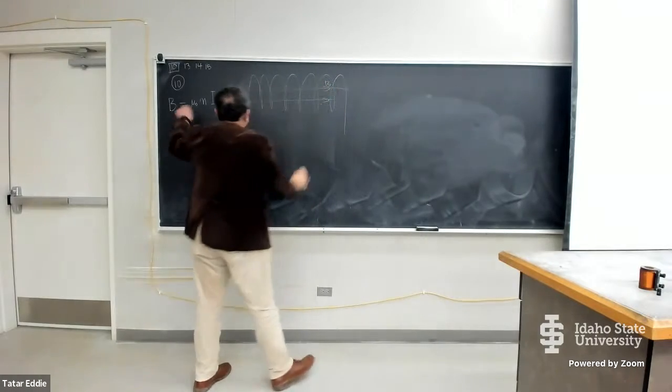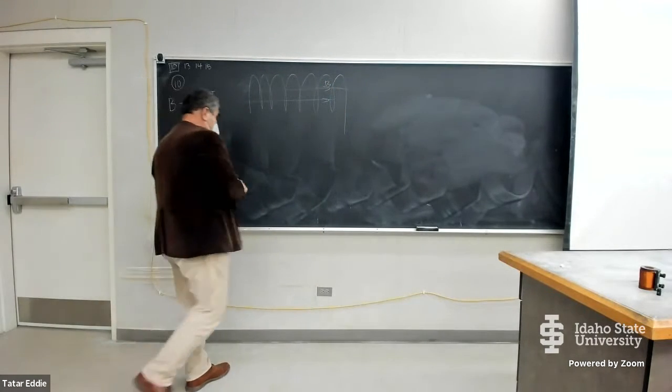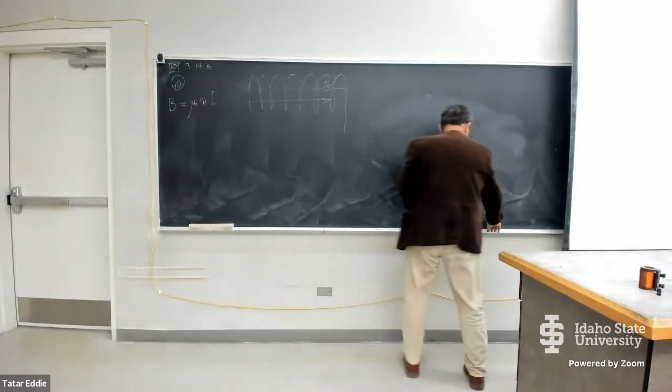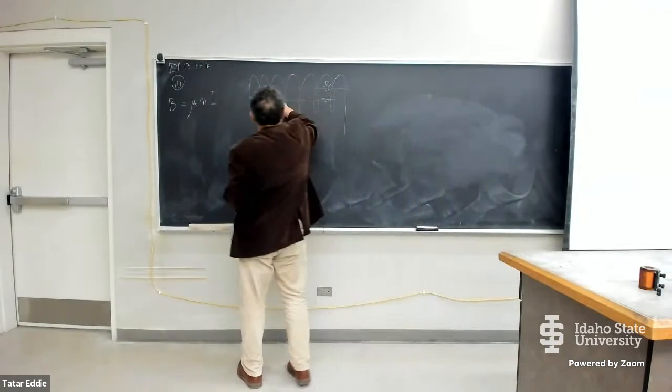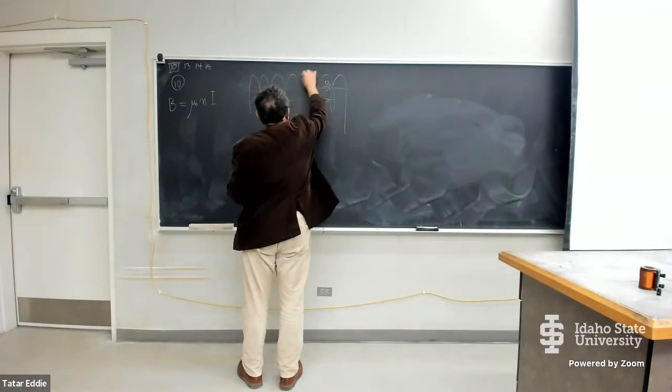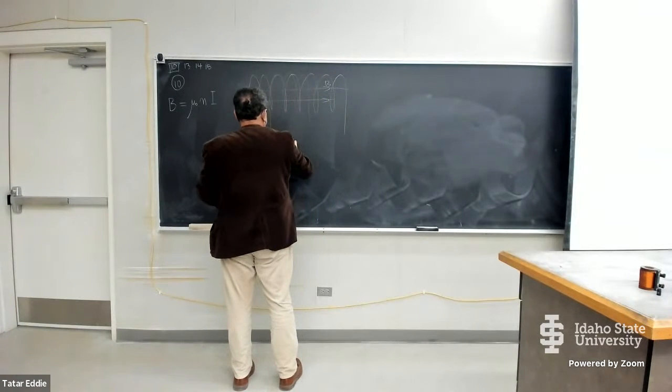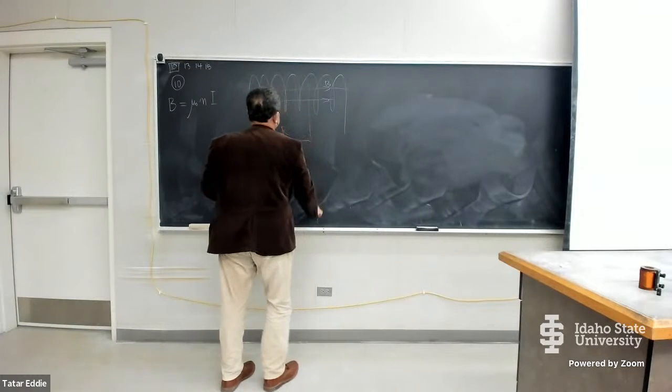So the magnetic field inside this large solenoid is like this. And we just wrote its value. And around this large solenoid, you have 10 turns like this. And they're connected with the resistor with resistance R like this.